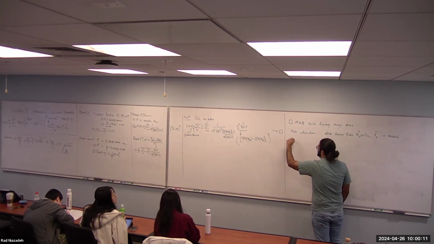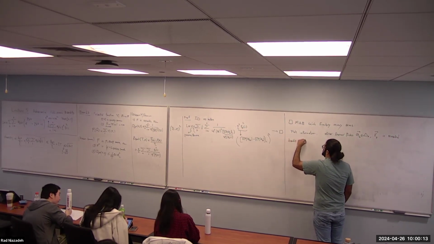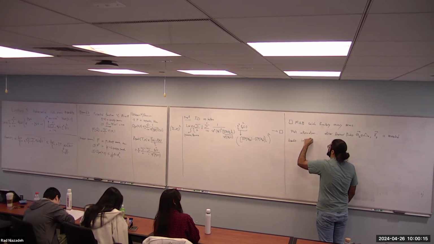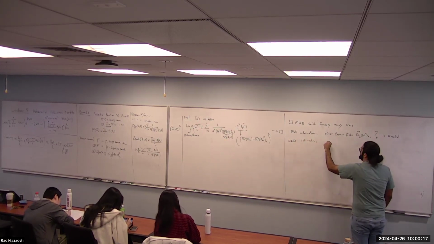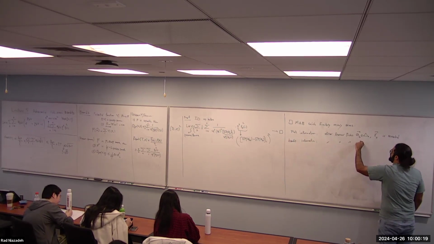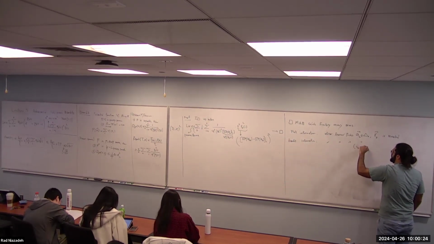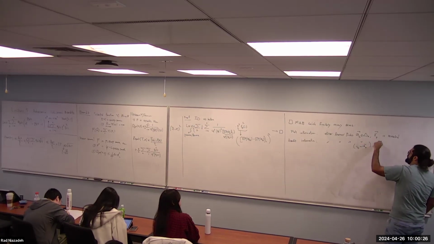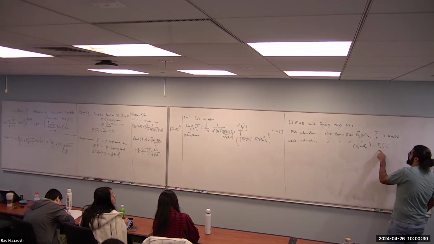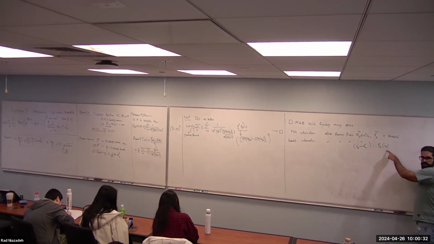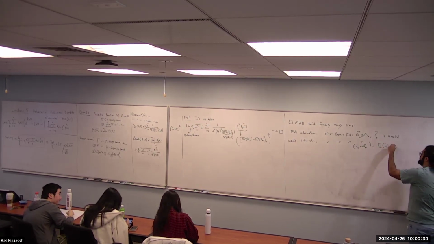In bandit information, after the learner picks a_t and in particular selects, let's say, i_t drawn from a_t, then I see r_t of i_t. So only the reward at that arm that they selected is revealed to the learner.